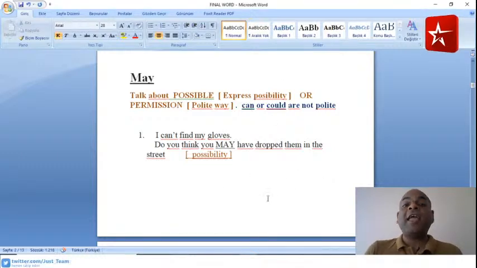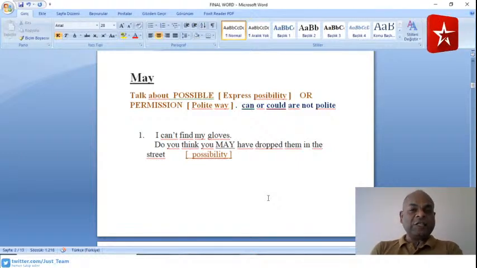I want you guys to look at the board. We're starting with the past modal verb may. And remember, May is also a month which we are in right now, and also the name of a girl. But right now, we are talking about may, a past modal verb. Remember, may and might have a slight difference.